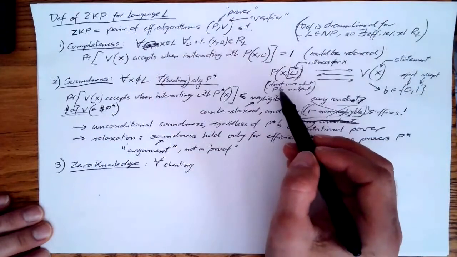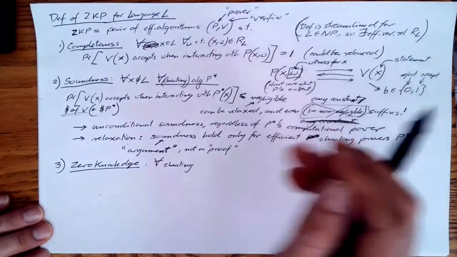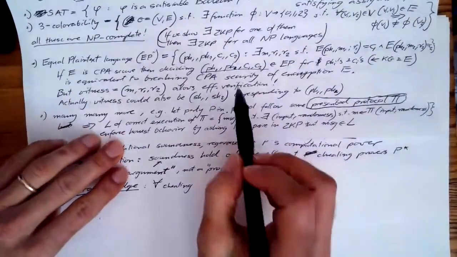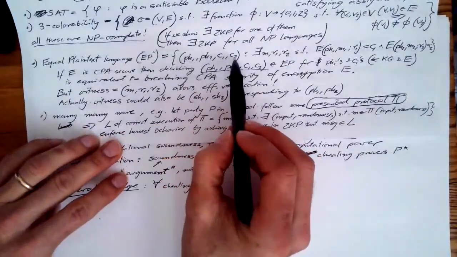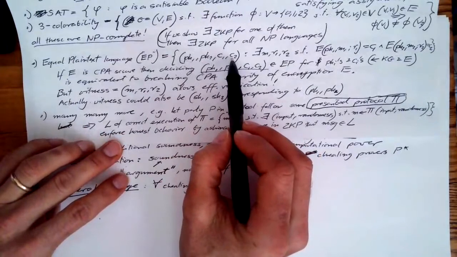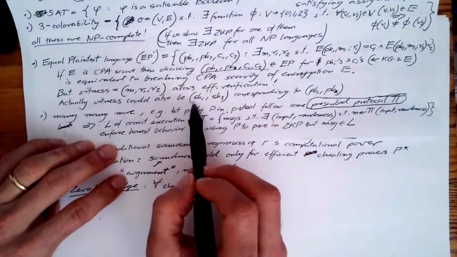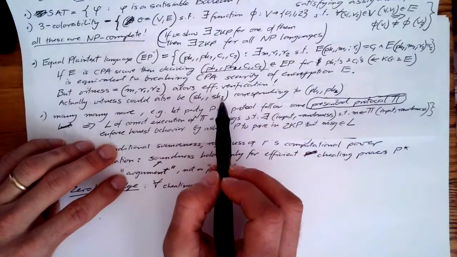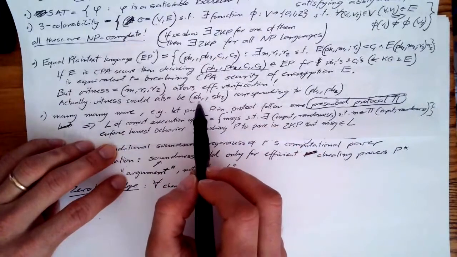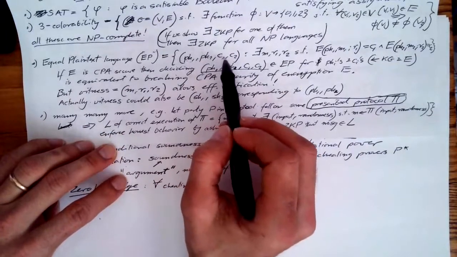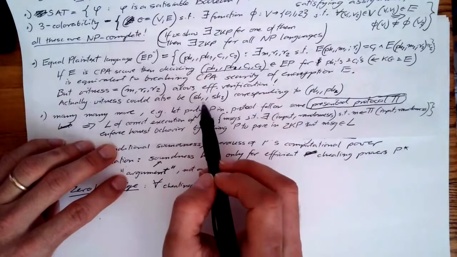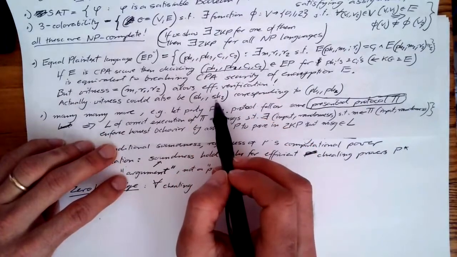But think of this application, when the statement is a bunch of public keys and ciphertexts, and perhaps the witness is the secret keys. Well, I don't want to convince people that encryptions are correct by sending them my private keys.